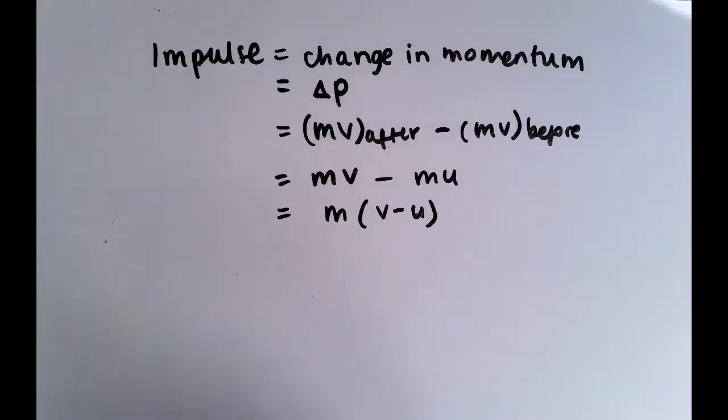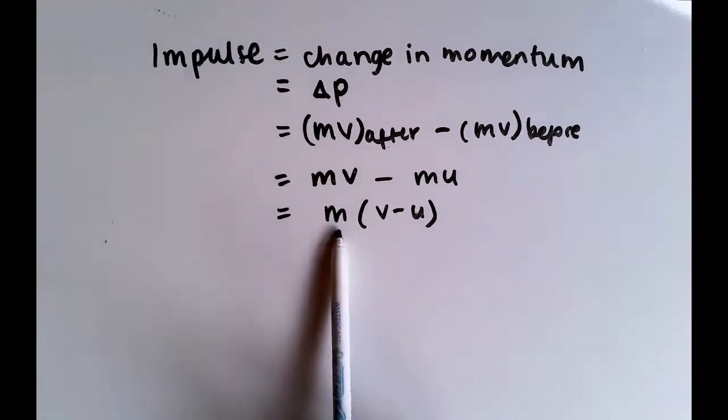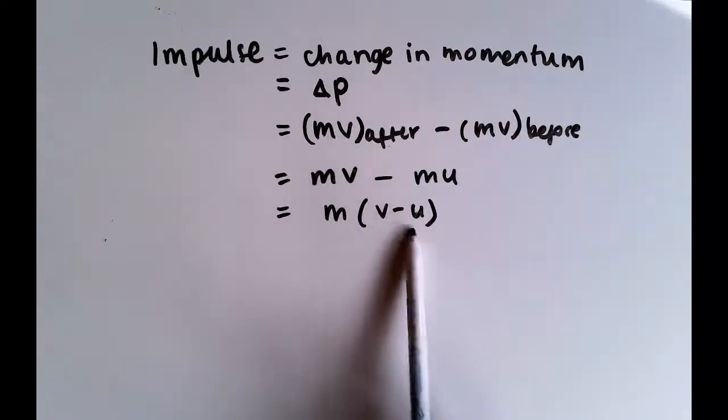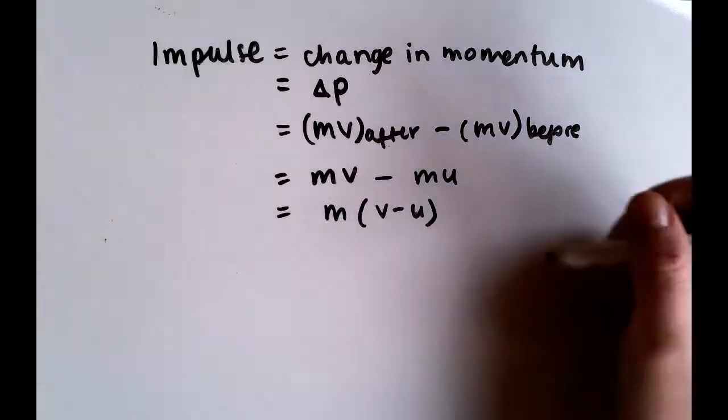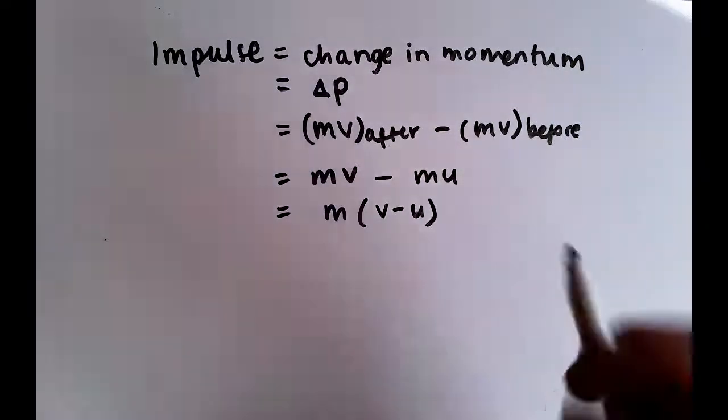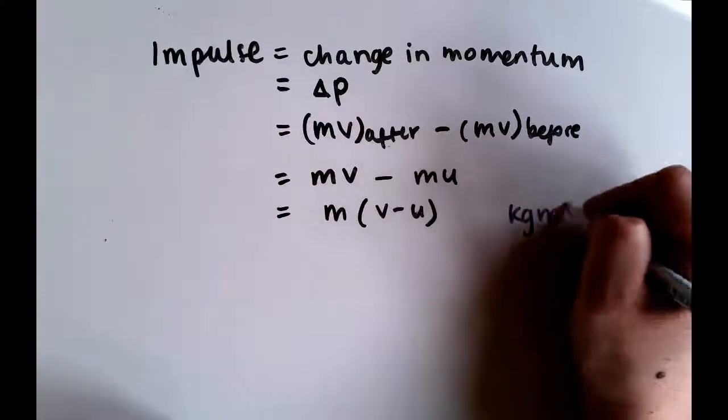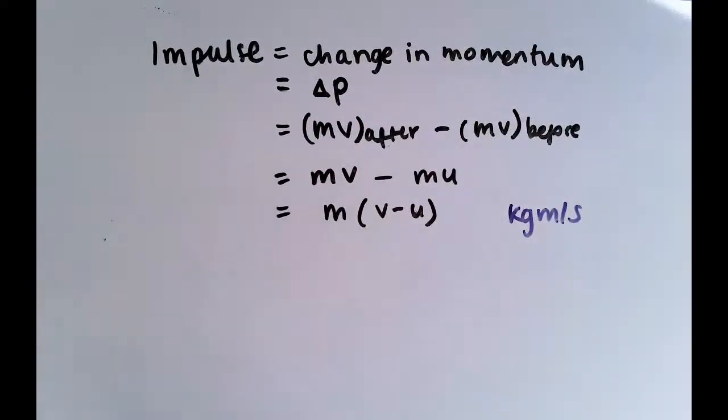So this is the impulse, the change in momentum of an object. Considering it has a constant mass, you can find its change in velocity, and the product of that is the change in momentum. Its unit is still the same as the unit of momentum, kilogram meters per second, because it's still a mass multiplied by a velocity value.